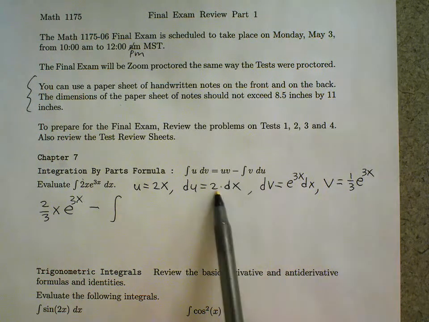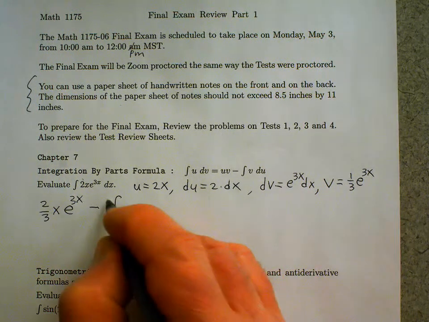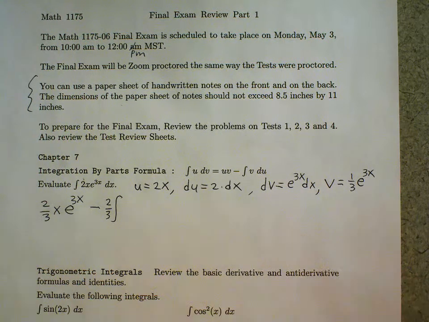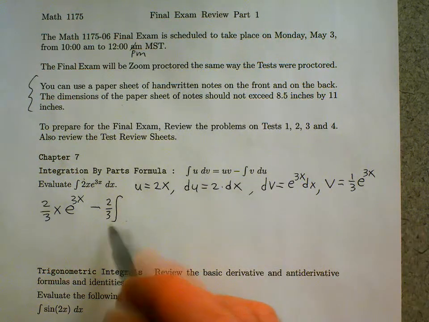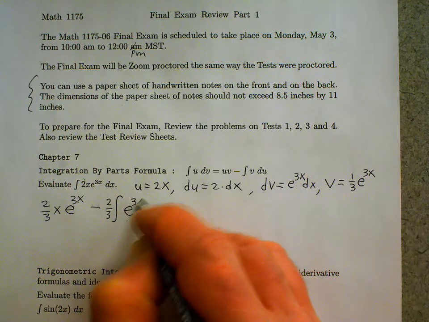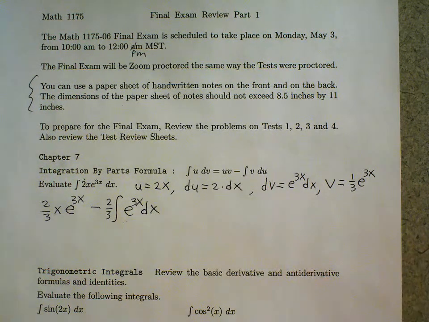So we have a constant 2 times 1/3. I'll put the 2/3 out front. And then the integrand is e to the 3x dx. Okay, then one more step.